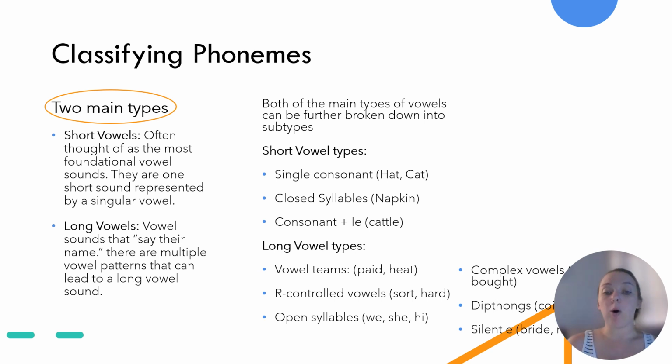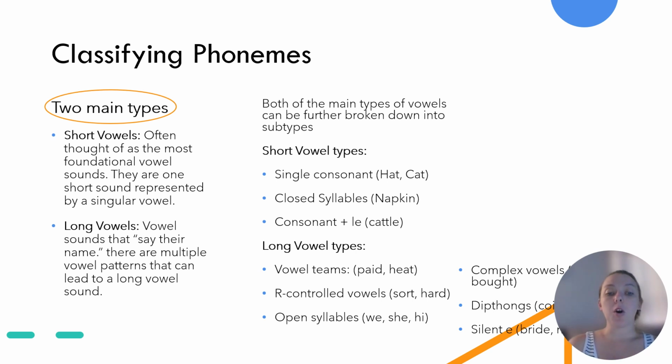So there's vowel teams, which is where 2 vowels team up to make one sound, like paid and heat. And there's complex vowels, which is similar to the vowel teams, but a little different, like caught or bought.